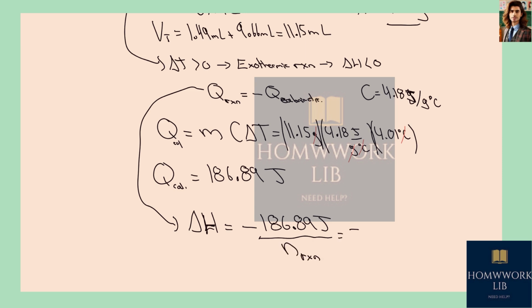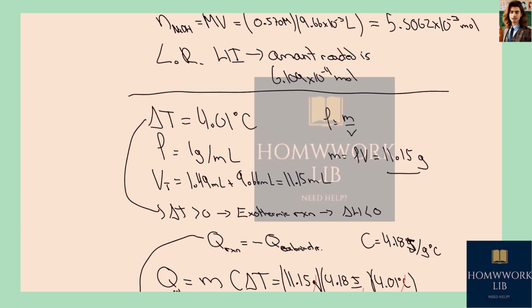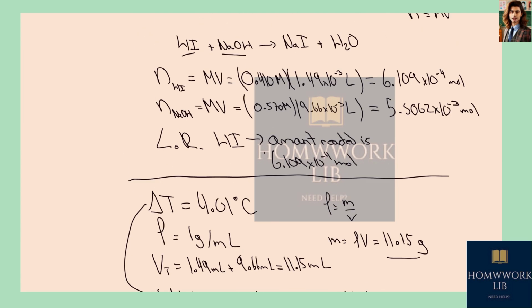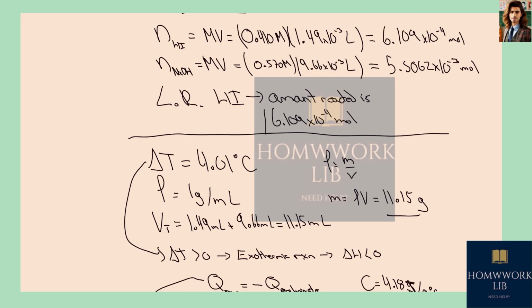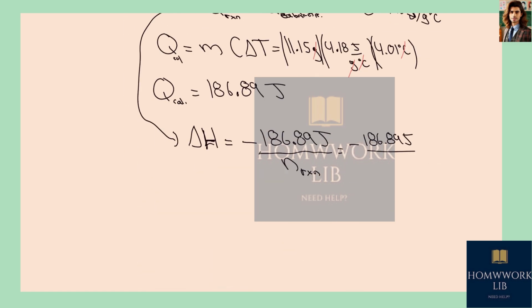So this is minus 186.89 joules divided by the amount of mole that we had of reaction. We said that is 6.109 times 10 to the minus 4 mole.